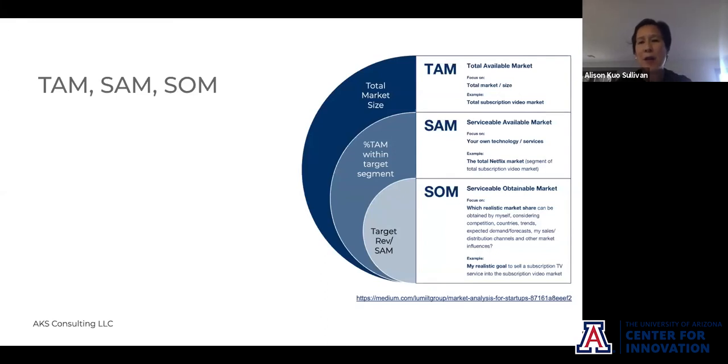But not all of them, or even cable for that matter, are necessarily ones that Netflix would go for, or that the market would go for Netflix. So a percentage or subset of that is really your serviceable available market, in this case the Netflix market, where it's a percent within that target segment.